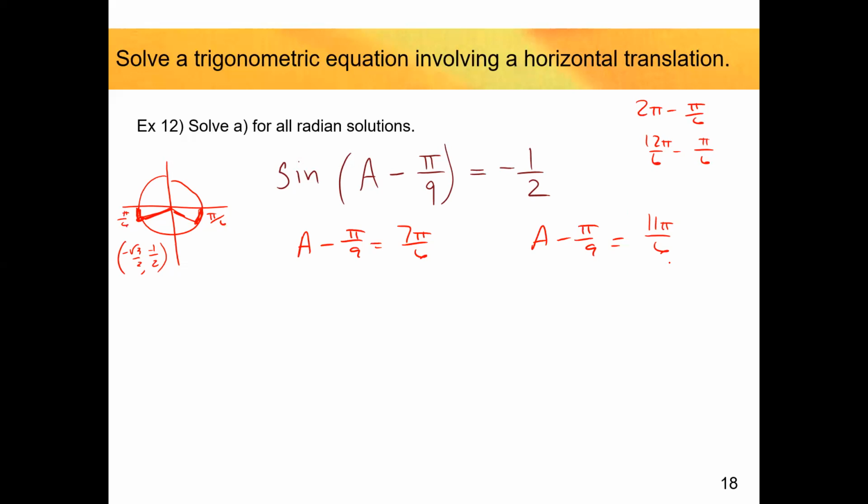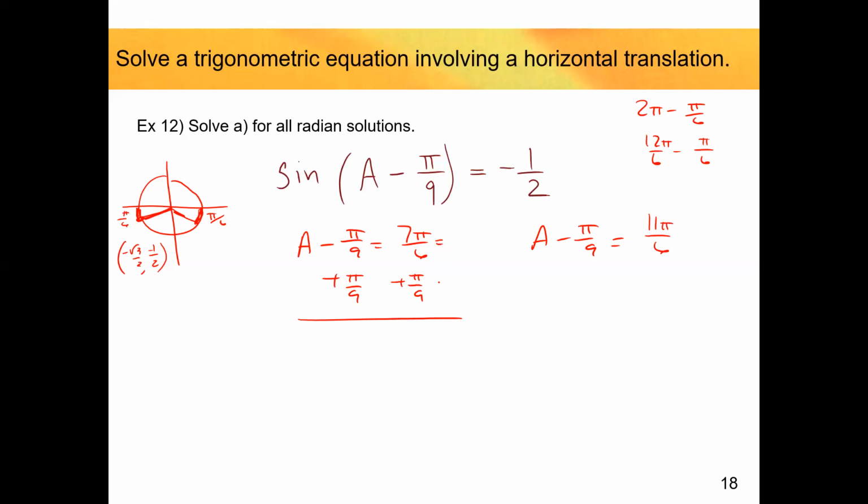Oh, not too fun. That means I have to add this right here. Oh boy. I need a common denominator here. I think it's 18, isn't it 18?